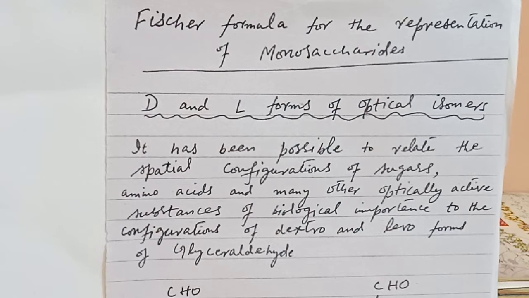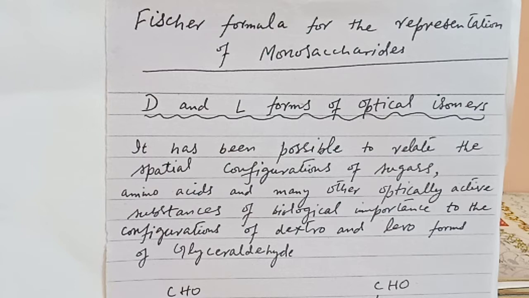Monosaccharides consist of carbon number 3 to carbon number 6 and also 7. So these different categories of monosaccharide sugar molecules are represented in linear form. The scientist Fischer represented the monosaccharide sugar molecules in linear form.